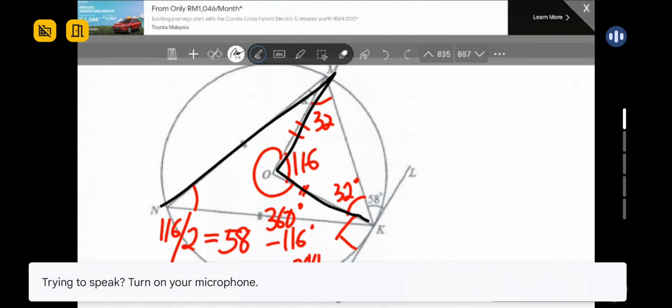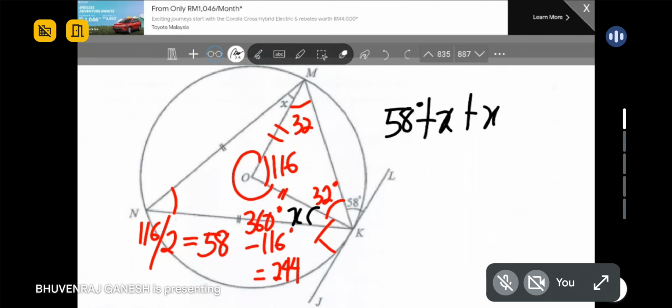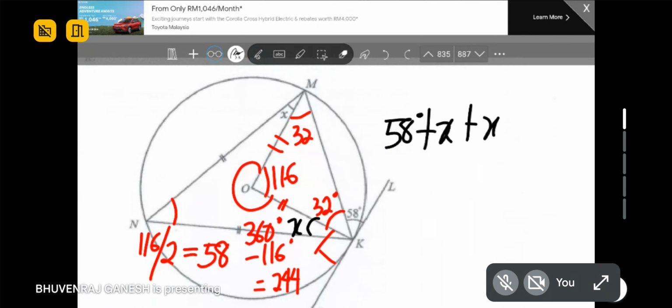1, 2, 3, 4. Quadrilateral. So 360 lah jumlah sudut. Okay, so 58 plus x, plus x kat sini pun akan x sama saja, will be same. Okay, so then plus 244 equal to 360.